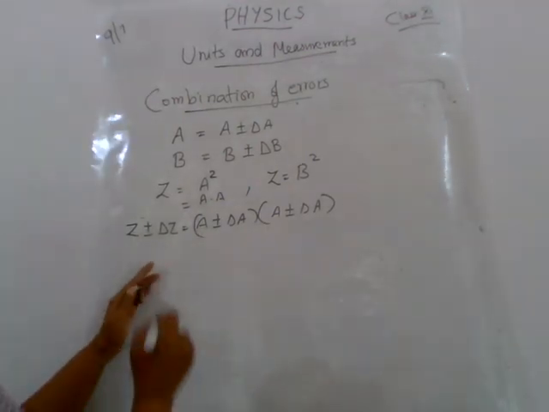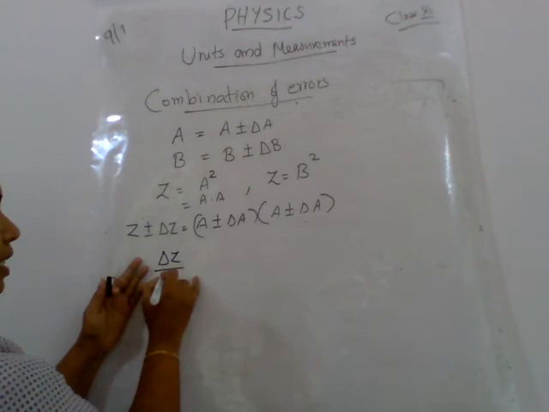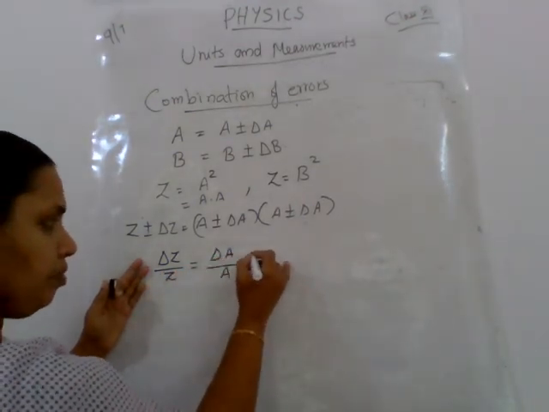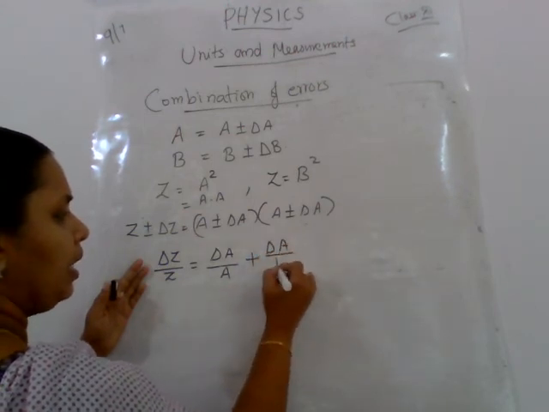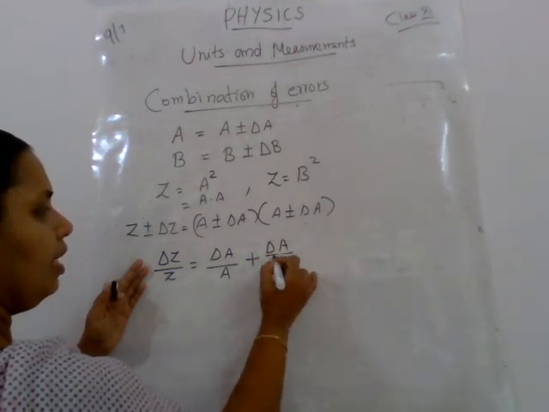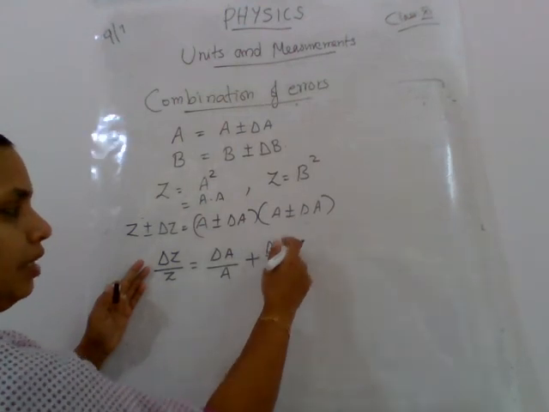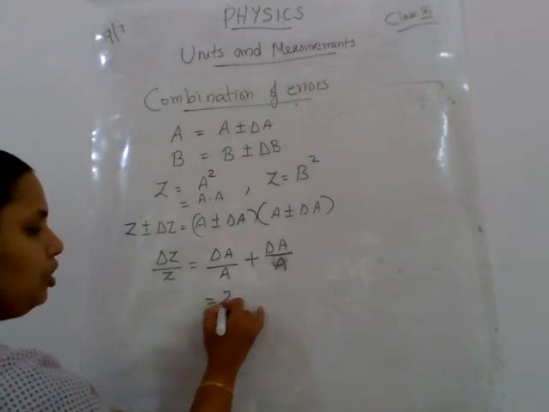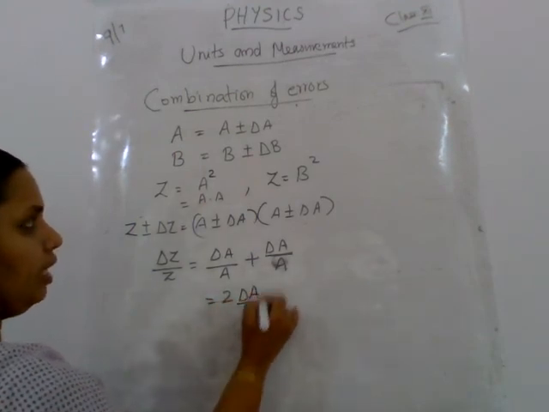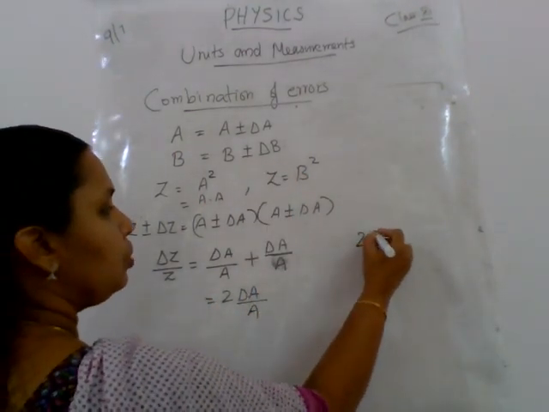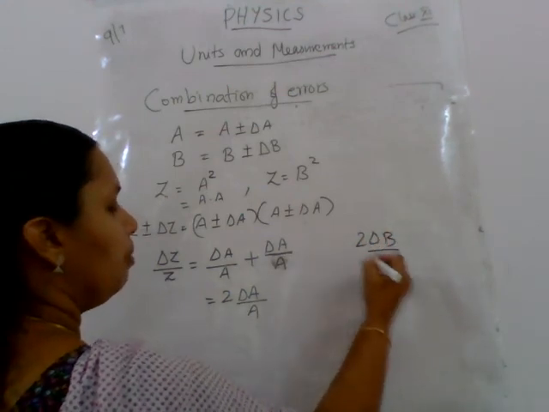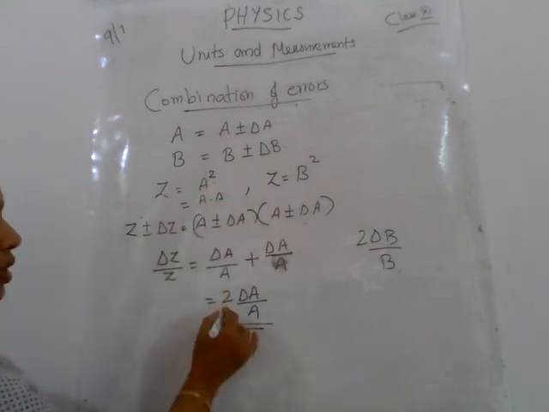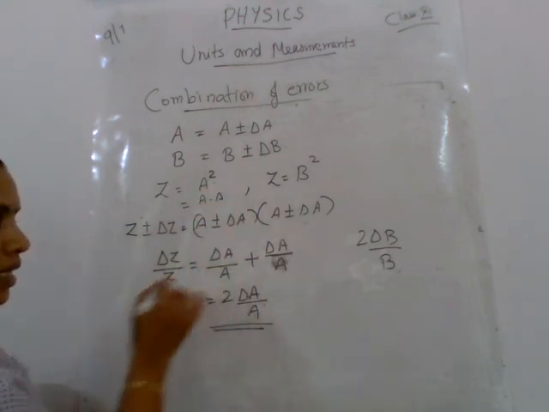So what will be delta Z by Z? Delta Z by Z is equal to delta A by A plus delta A by A. If it is B, it is delta B by B. So delta A by A plus delta A by A is 2 delta A by A. If it is B, you get 2 delta B by B. It is square, so it is 2 times the relative error.